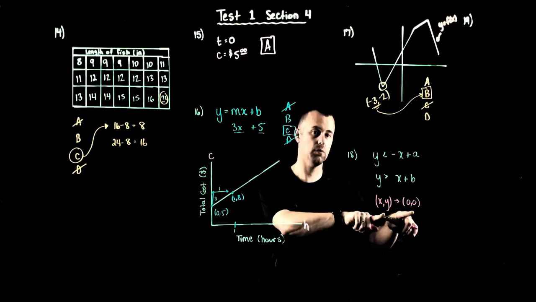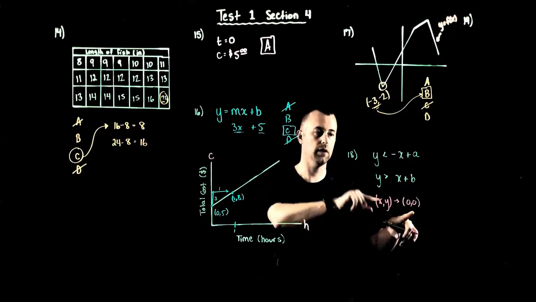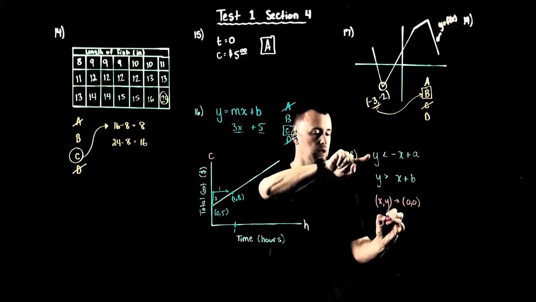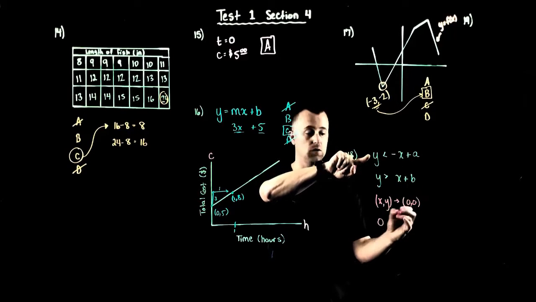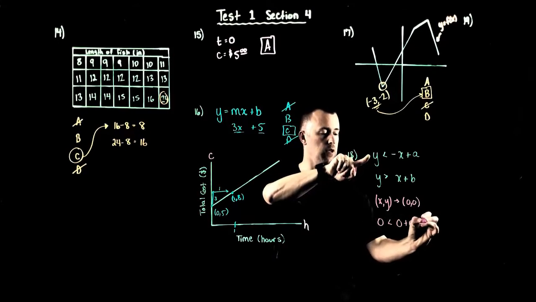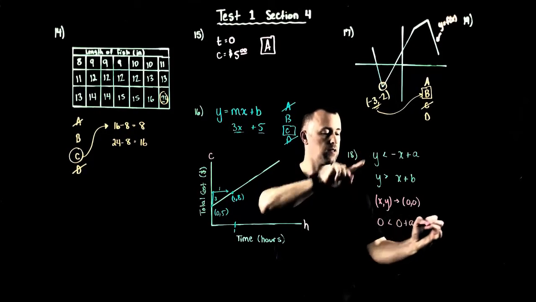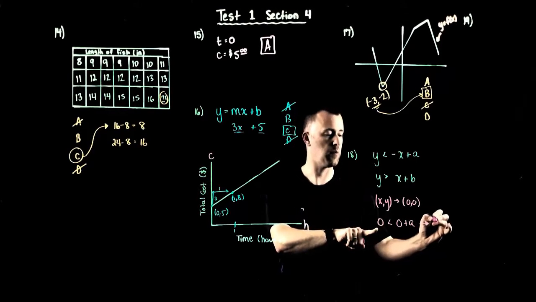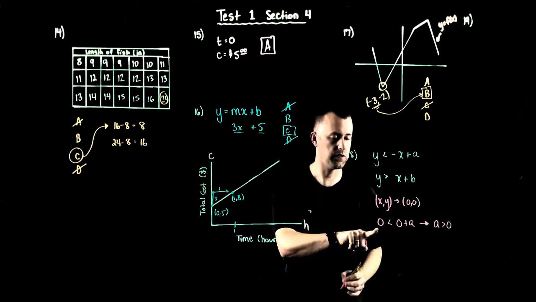Well, they've done that for me because they've given me points to plug in. So I'm going to take my first equation and I'm going to say that 0 is less than negative x, which is -0, so 0 plus A. So my first inequality, I should say, states that A is positive. You see how A is greater than 0 if I read it backwards. So I know A is positive.